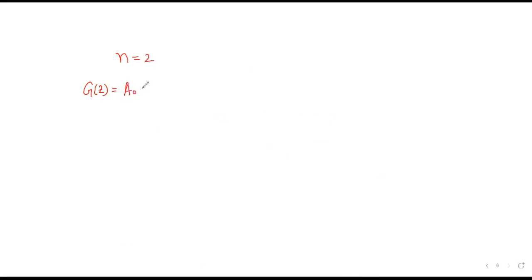Starting from A0 plus 1 by B1 Z plus 1 by A1 plus 1 by B2 Z plus 1 by A2, because we are going up to n. So this is n equal to 2. Okay, so this is the one that we can figure out.